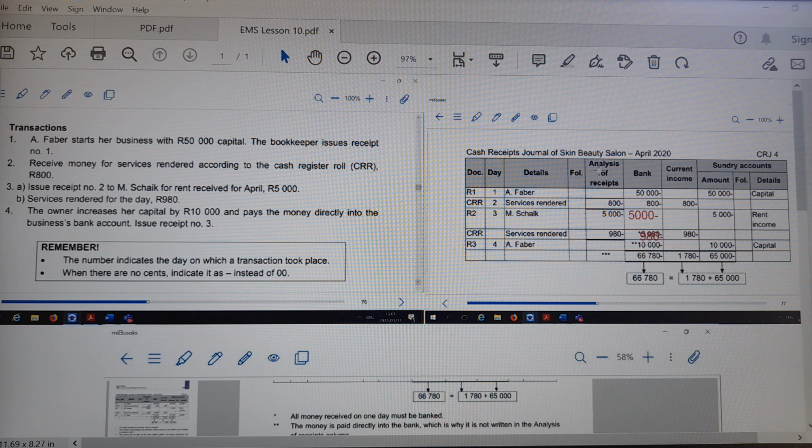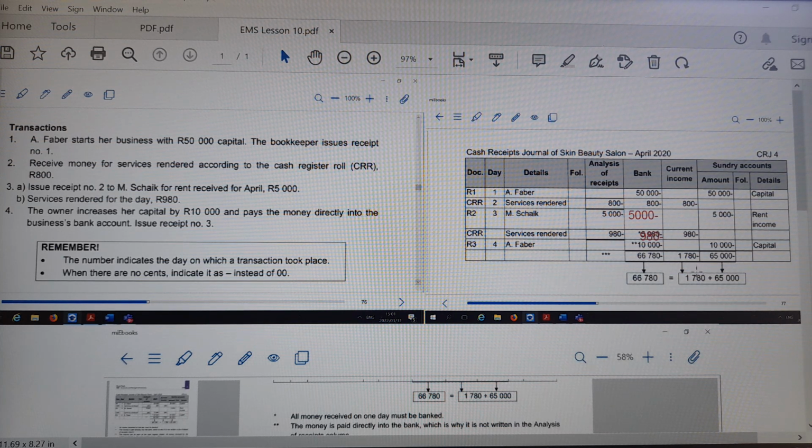Remember, capital does not go to the analysis of receipt. It is 10,000 rand, and because there is no capital here, we will put it on the sundry account and we write capital.